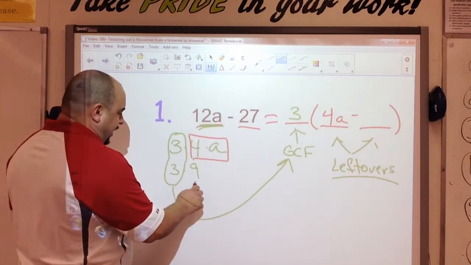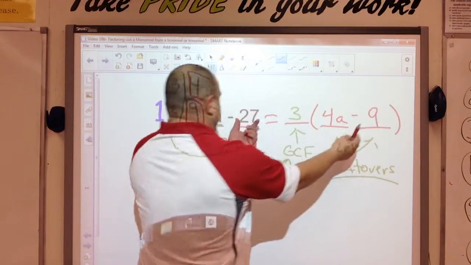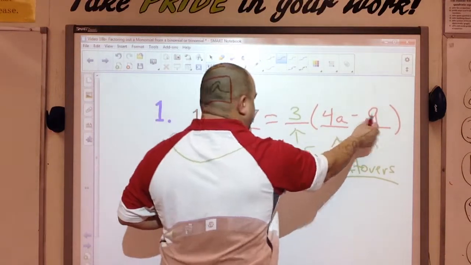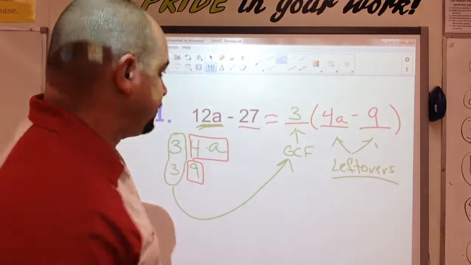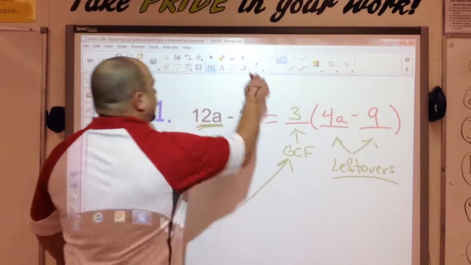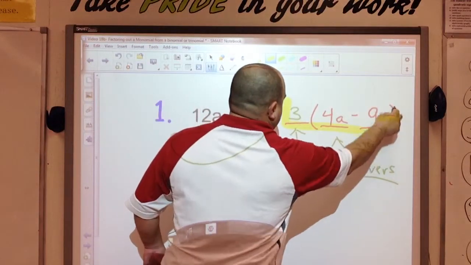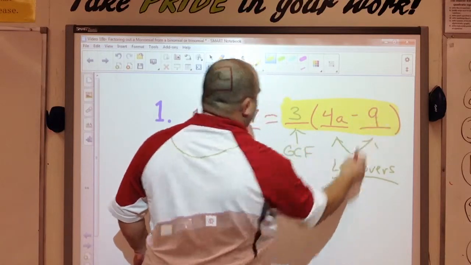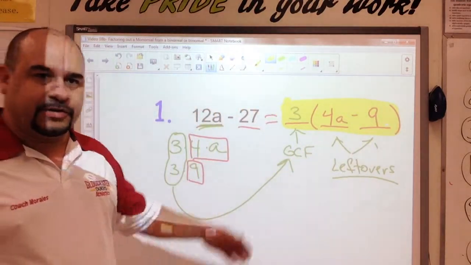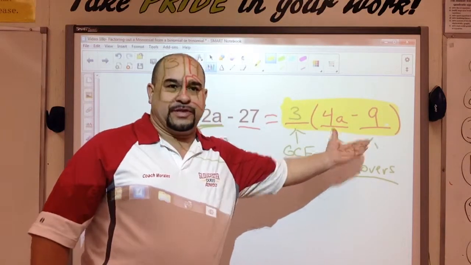And then my last term was 9, so 9 goes here, which matches up the second term. So my answer is 3 times 4a minus 9. Not only did I pull out my GCF, I also have my leftovers.